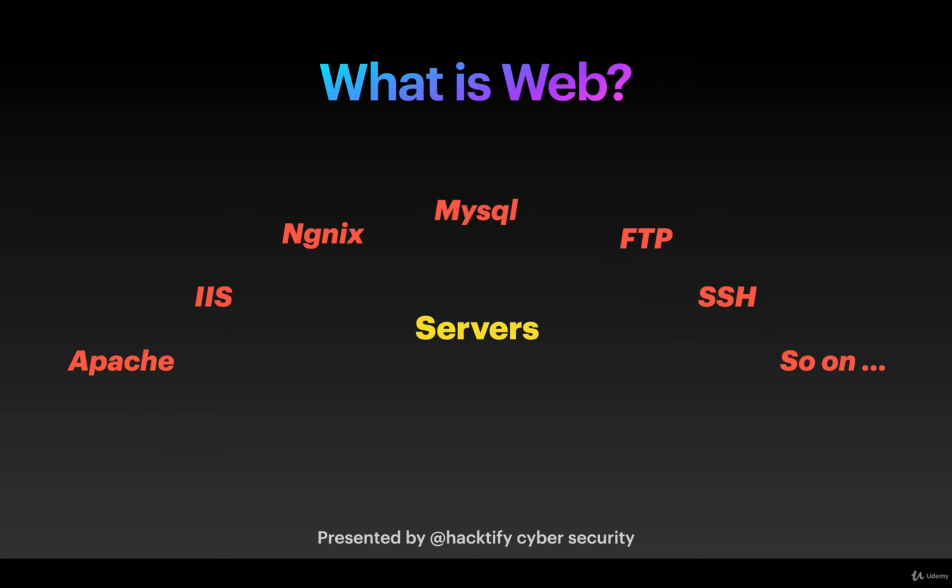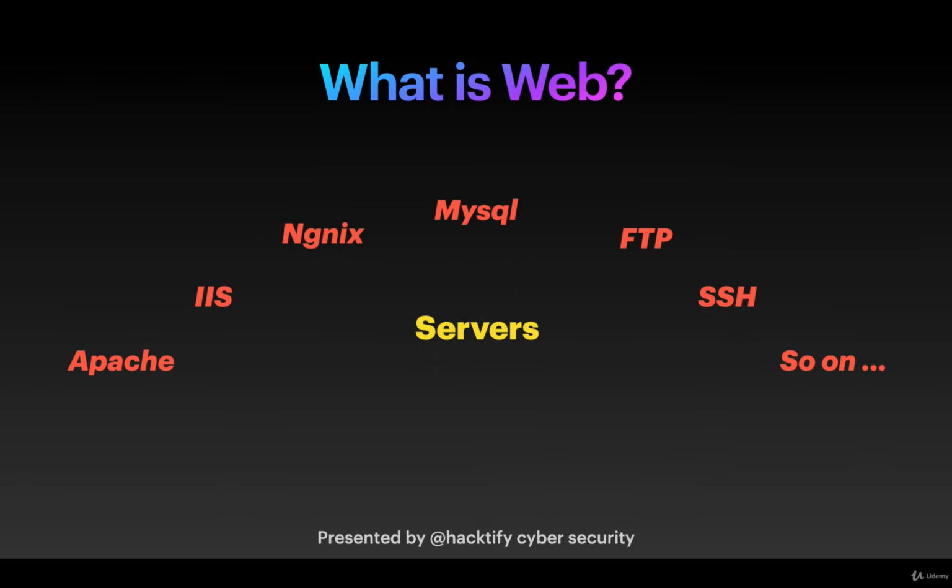IIS is a type of web server which is included with the Windows operating system and is pre-installed on Windows computers and Windows servers, for example 2008 R2 or 2012.